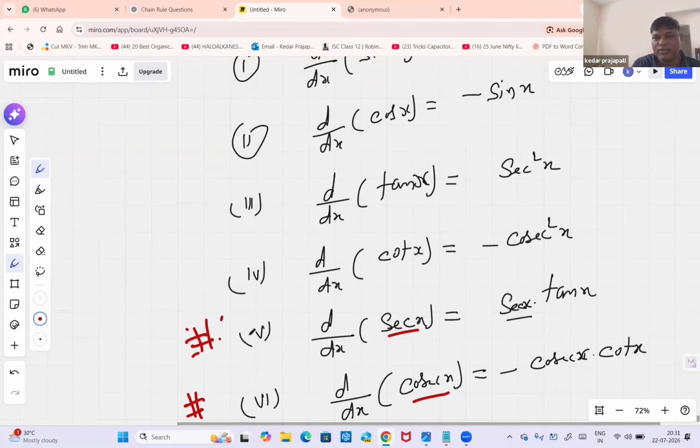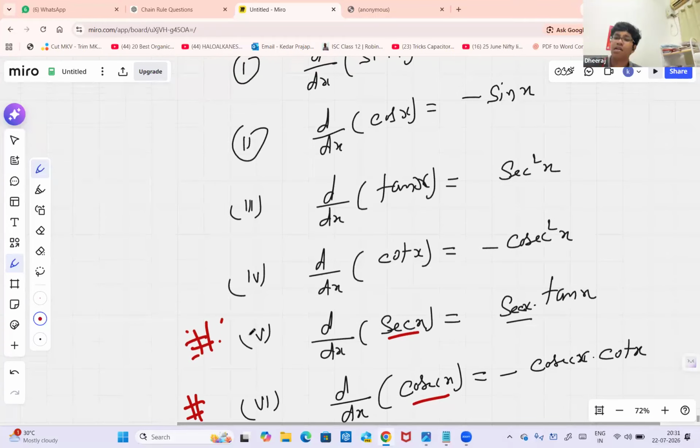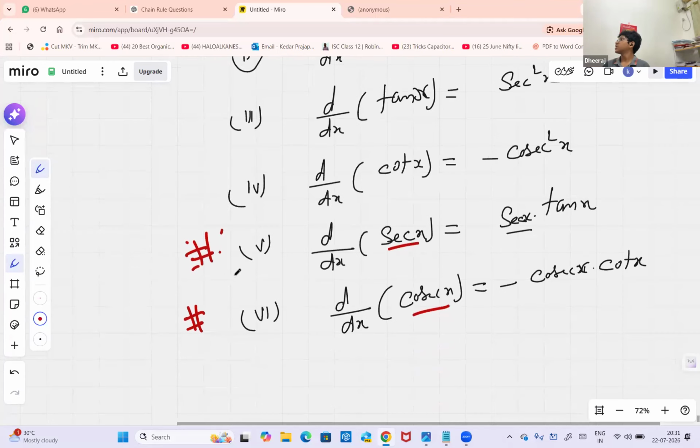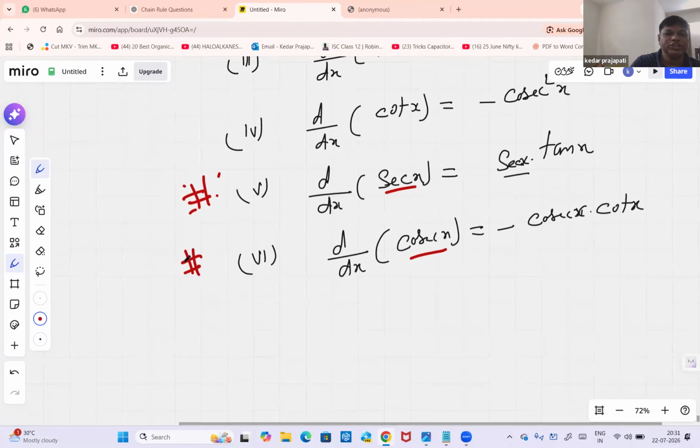Any doubts on here? Are you comfortable now? Any doubts? Now we'll go to chain rule for this.